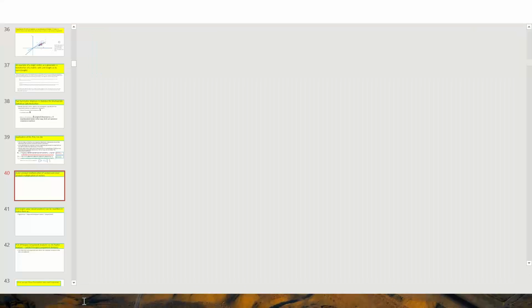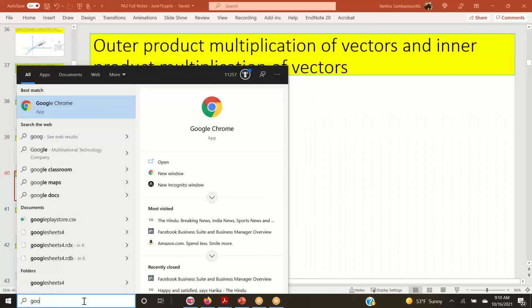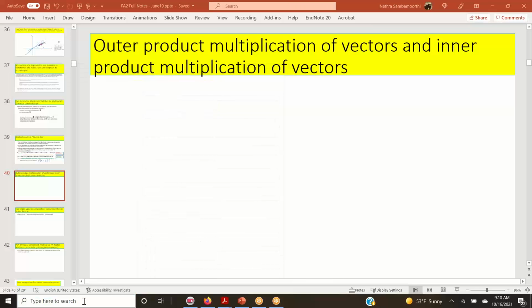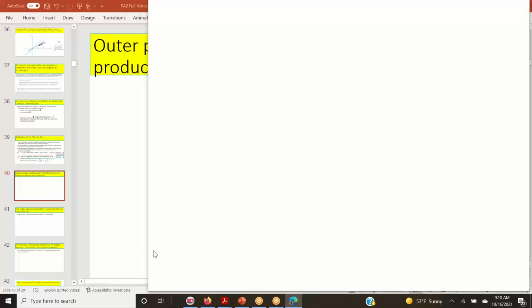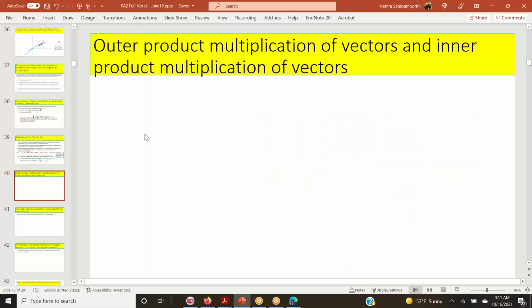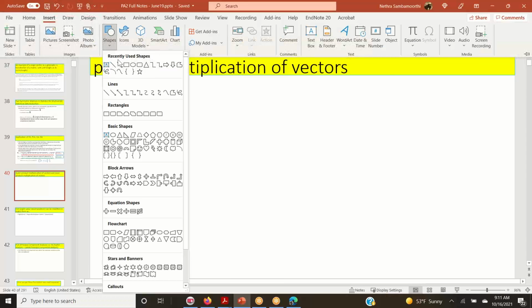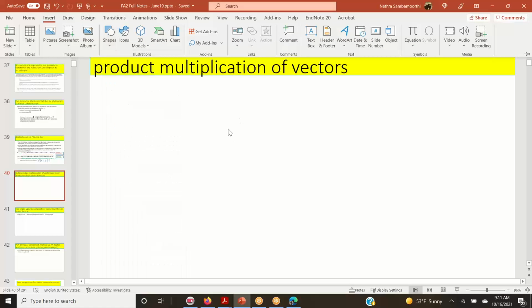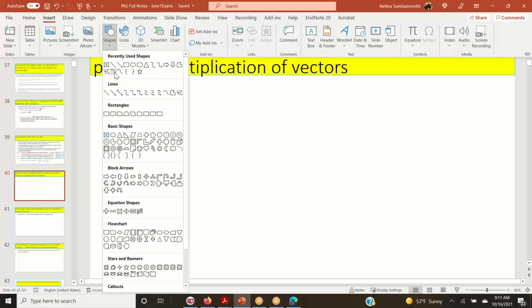Let me do one thing. If you give me a moment, good notes. I have that app bought. Pretty soon I will know how to write it. I have bought the app on the iPad. I'm trying to do that anyway. Okay, that's fine. Well, let's use this one.